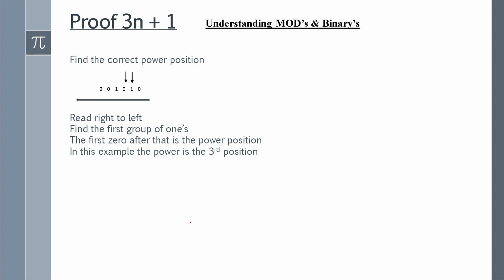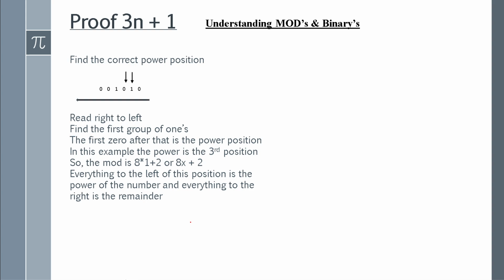And so in this example, the third slot is our power position, which means we are in a power position of 8 times 1 plus 2, or 8x plus 2, or 2 mod 8. So if we mod the number 10, we get 2 mod 8. Everything to the left is the power of the number, and everything to the right is the remainder.